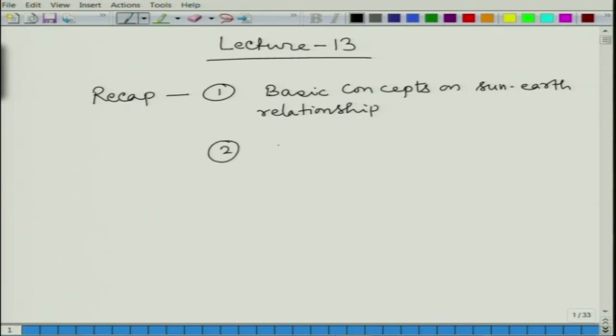Then we covered the solar spectrum and atmospheric attenuation, okay.